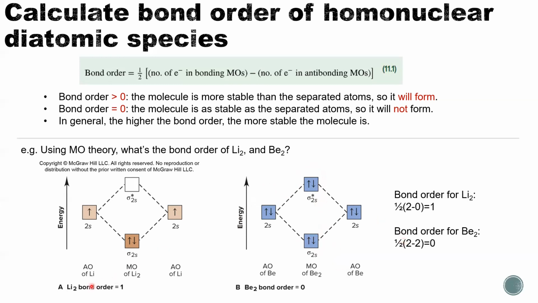That means for lithium-2, there's a tendency to form this lithium-2 molecule from atoms. But for beryllium-2, there's no tendency, there's no driving force to form this beryllium-2 molecule from the 2 atoms. So the Be2 molecule may not form from single atoms.